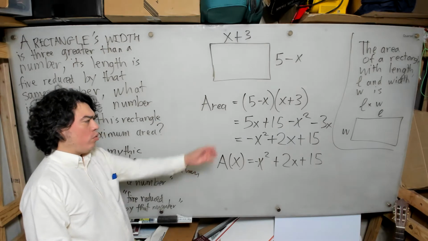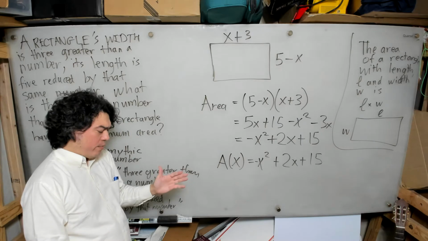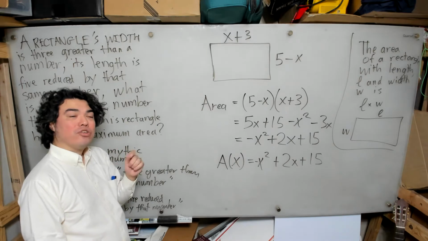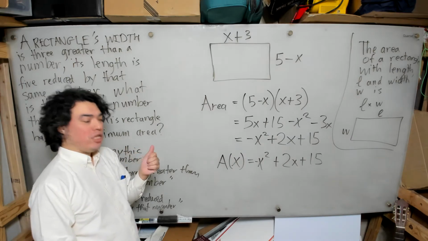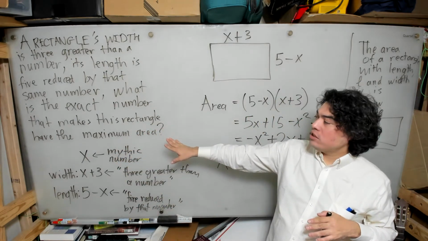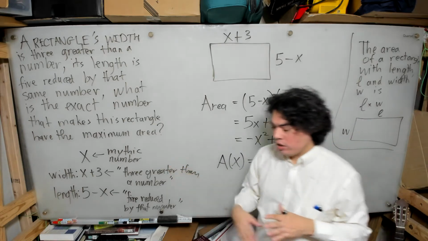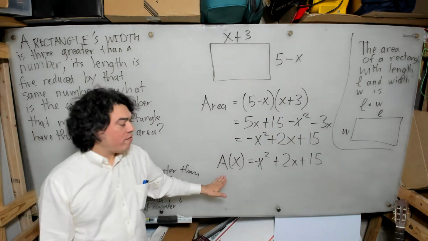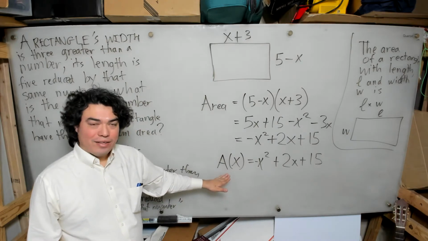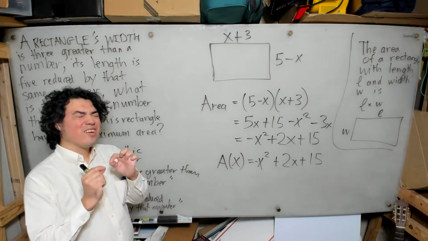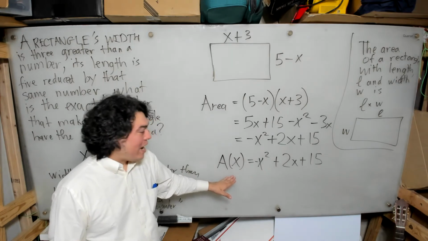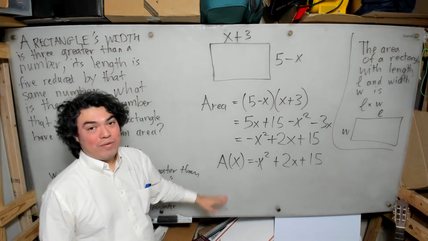And we now can begin to ask ourselves the question, is there a way to maximize, so we can translate the question that was originally asked, which was, what is the exact number that makes this rectangle have the maximum area, to a question about what value of x, the number, gives us the maximum value of A. And now we know that since we're talking about a quadratic, we know that we're talking about the vertex.